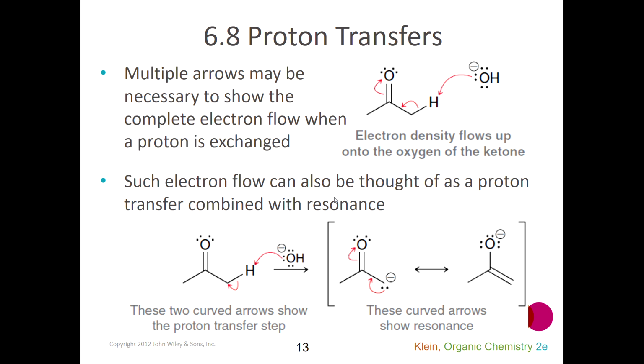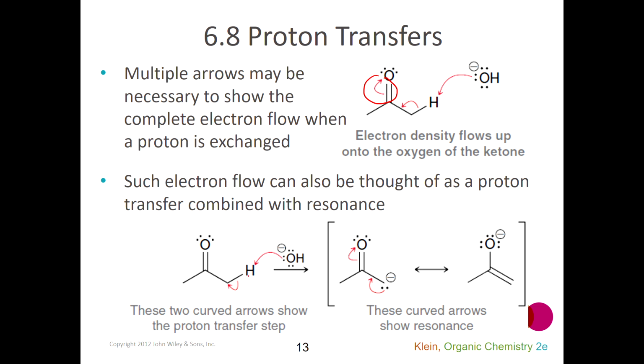Sometimes you might see a proton transfer with more arrows. Usually only the first two arrows are necessary, and any additional arrows are just showing resonance or other electron flow to give you the most stable resonance contributor. Right? So in this situation, this proton is slightly acidic. Here's my base.